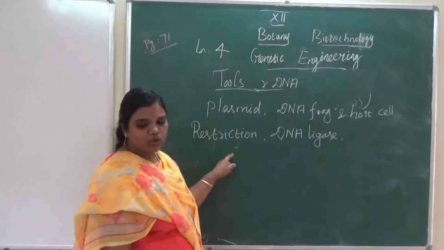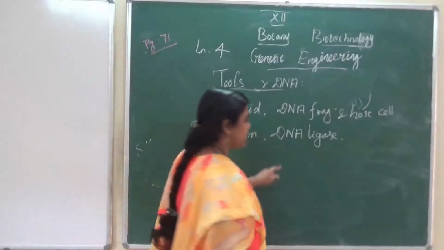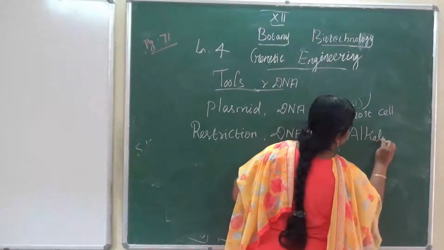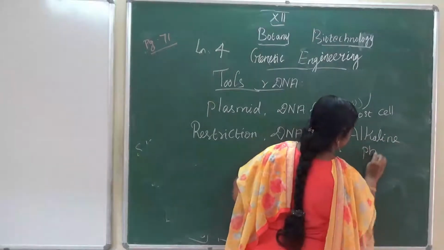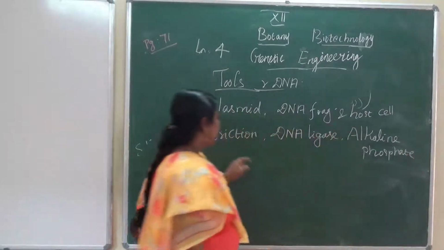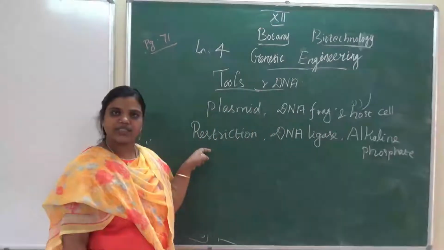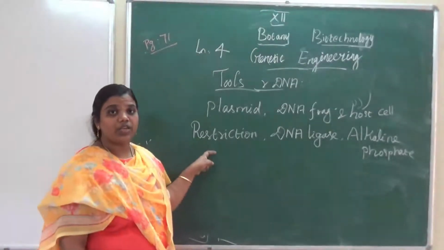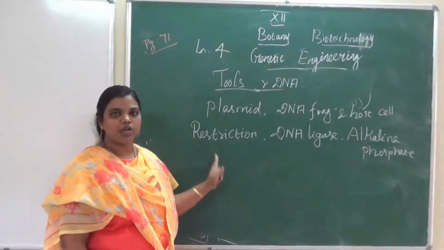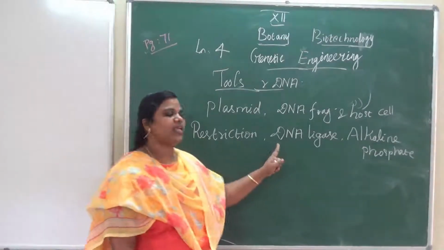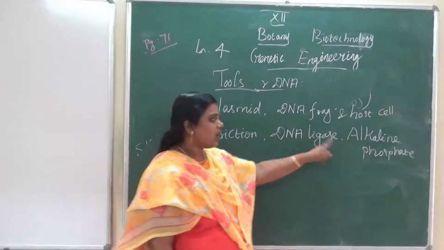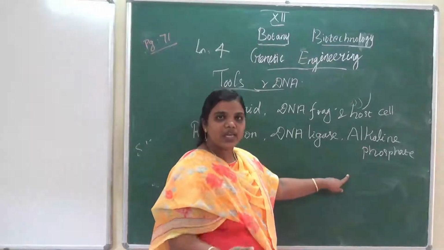These are the two common enzymes, and one more, alkaline phosphatase. Restriction enzymes are very useful in recombinant DNA technology as molecular scissors, and DNA ligase joins the DNA fragments. Alkaline phosphatase can both add and remove.